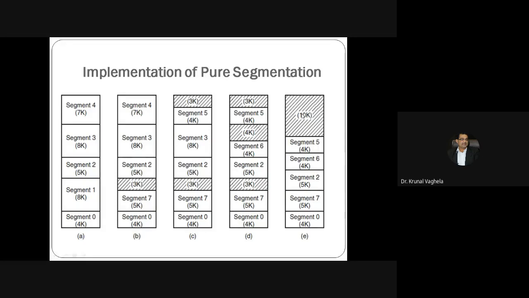The operating system has created a larger space, which is 10K. If a new segment arrives, there is no need to disturb the existing segments; they can be accommodated over here. So this is defragmentation, and this is how pure segmentation can be implemented.